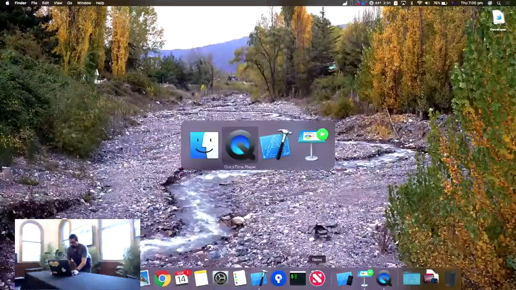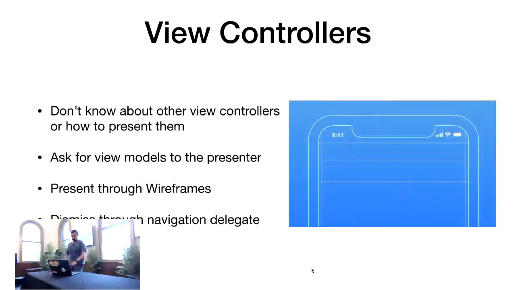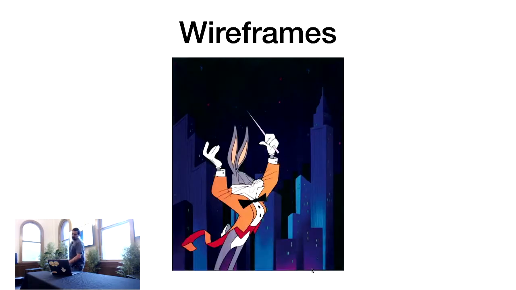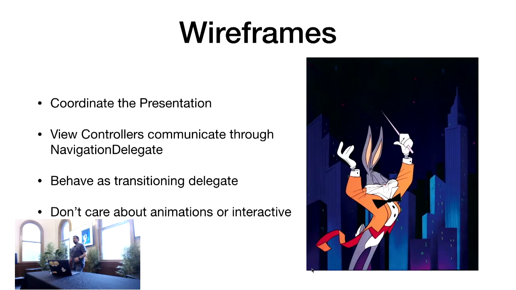Let's go back to the presentation. So the next part is the wireframes, and they are in charge of coordinating the presentation. By this, I mean they are in charge of saying, start the presentation, here is the animator, here is the interactive transitioning controller.